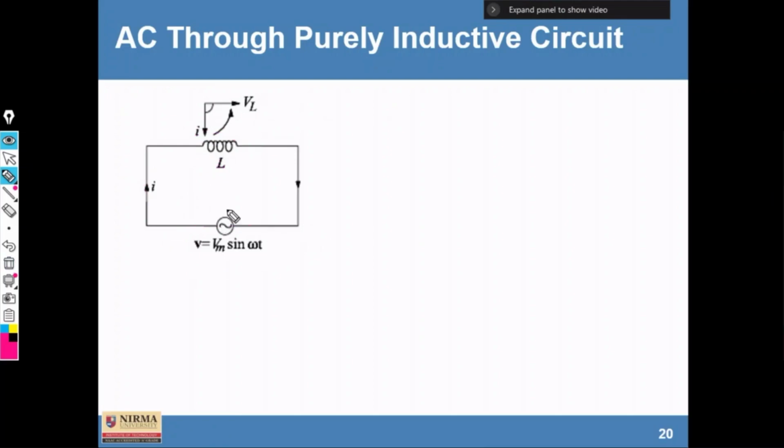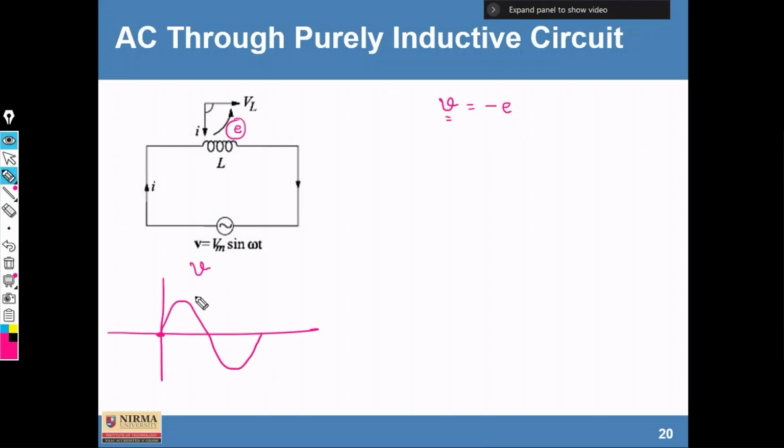The applied voltage and the self-induced EMF are always in opposite directions. The applied voltage is V, the induced EMF is E, so we can write V is equal to minus E, where V is the supplied voltage.